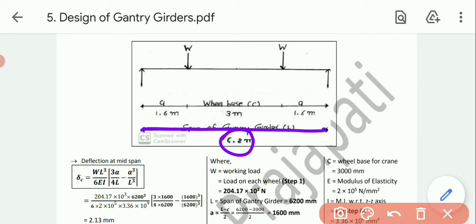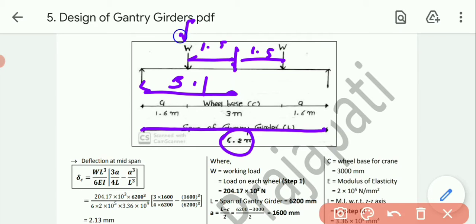Now I am putting this exactly at the center, so at the center it is 3.1 meter. Now wheelbase is 3 meters, so 1.5 and 1.5. So I will get the location of these two loads, and the remaining distance will be 1.6, 1.6 out of 3.1. Once we deduct 1.5, it will be 1.6.